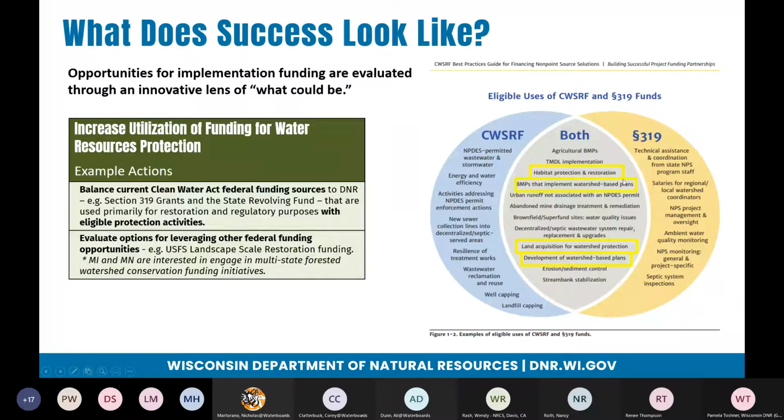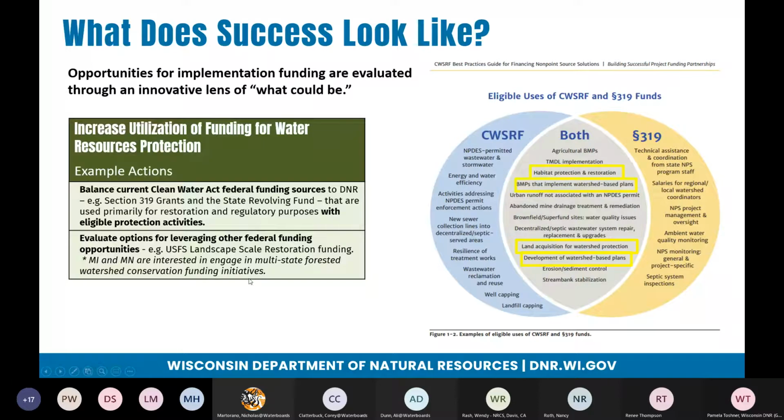These yellow box activities are eligible per EPA using Clean Water State Revolving Fund and 319 funds. As an example, we could potentially use that funding for land acquisition for watershed protection, but we don't right now. In the state of Wisconsin, we have no protection-based activities that are eligible for funding. So we just need to determine within the state that we will do that.